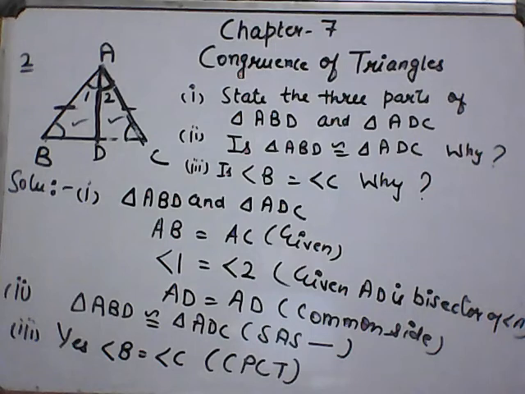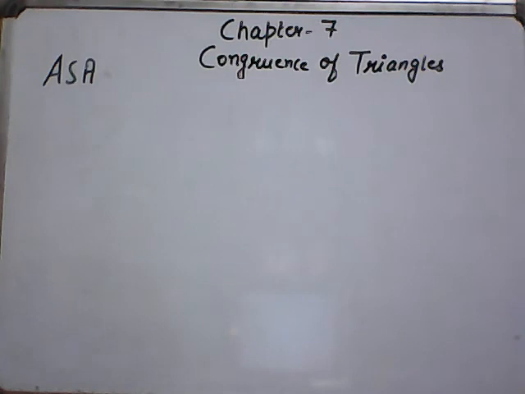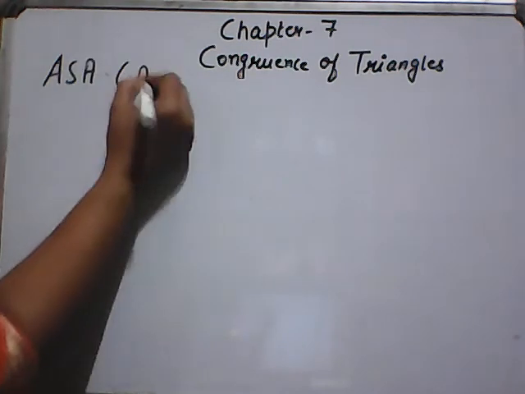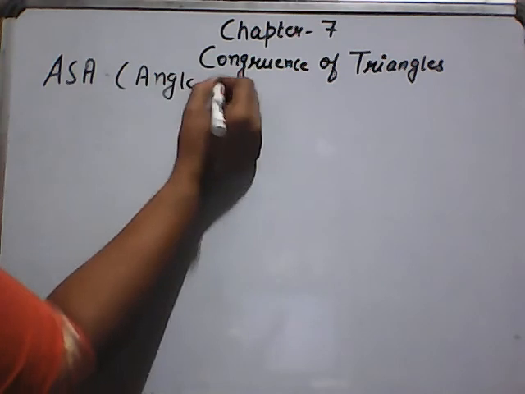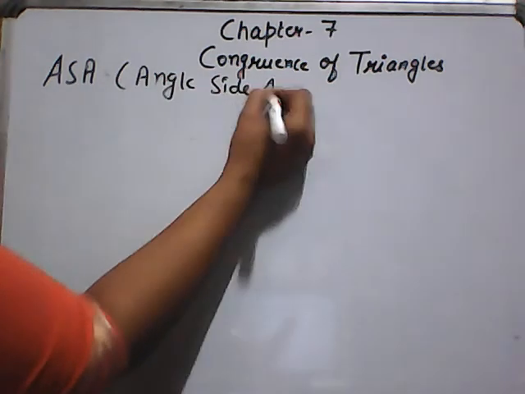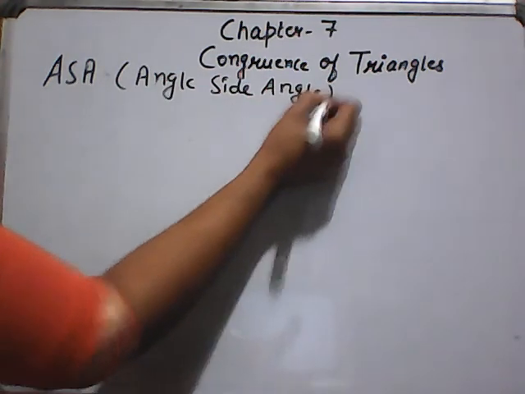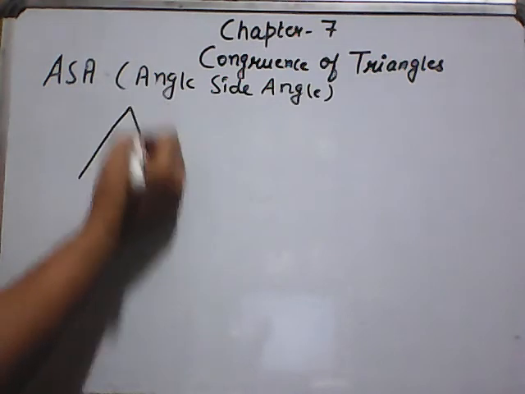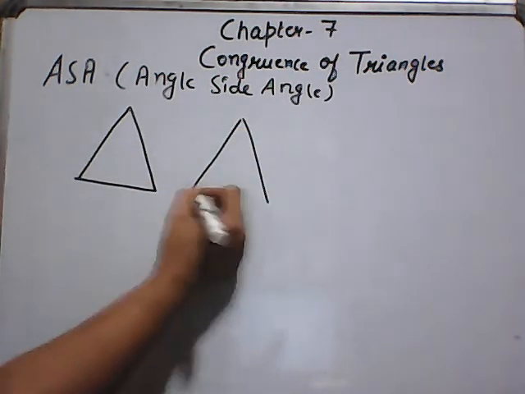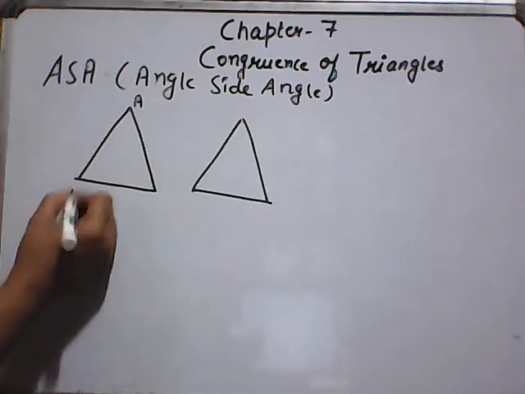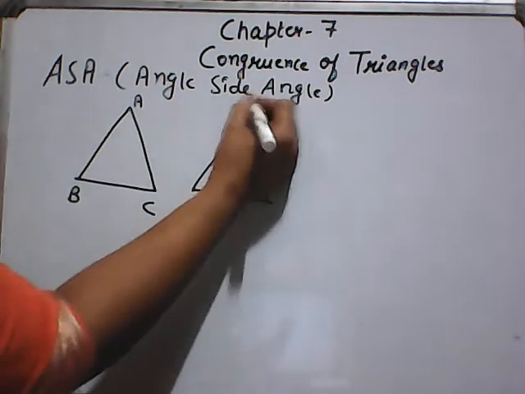Let's discuss the next criteria, that is angle side angle. ASA stands for angle side angle congruence criteria. It states that suppose we have two triangles ABC and DEF.